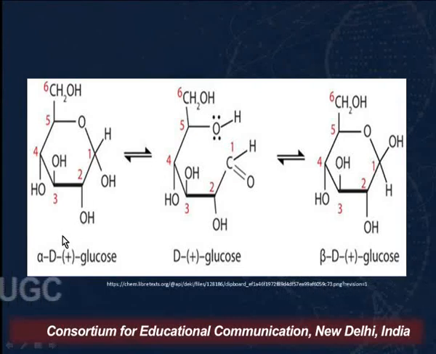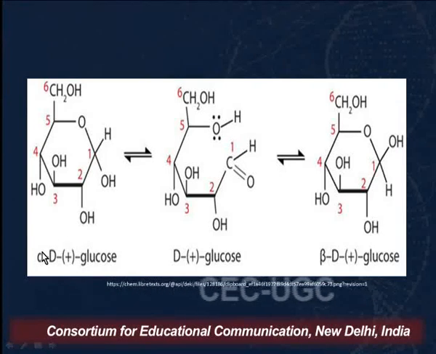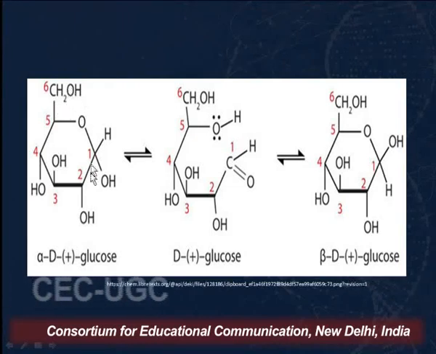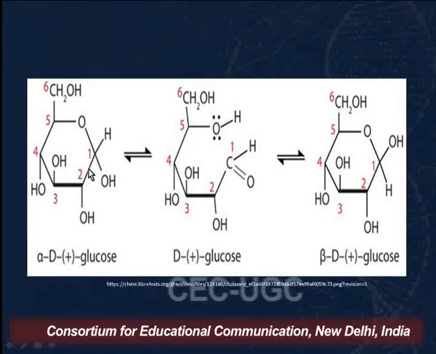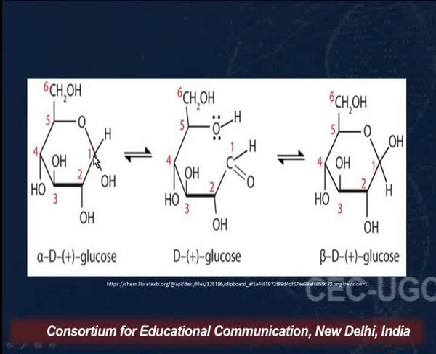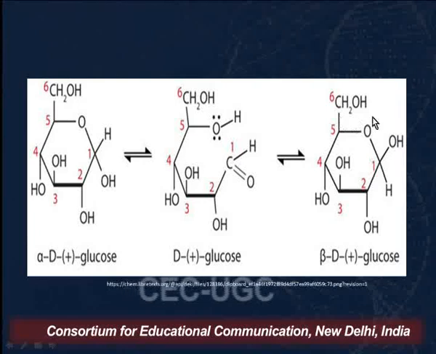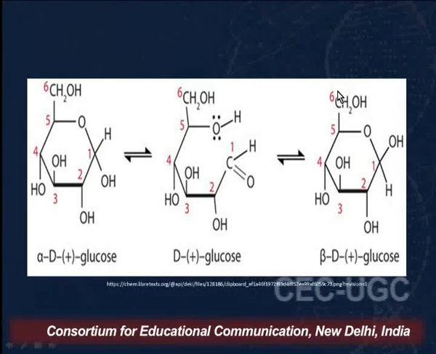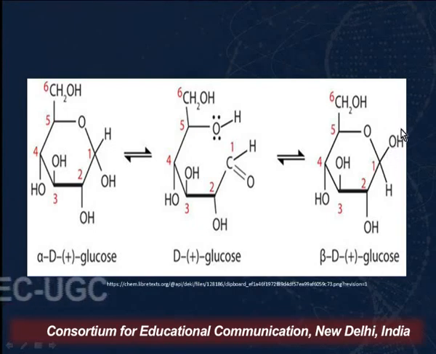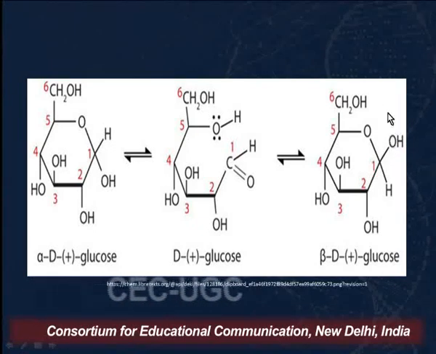If we look into the structure of alpha D glucose, here alpha indicates that the orientation of the primary hydroxyl group, that is the CH2OH group, and the OH group on the first carbon are trans to each other. Whereas beta indicates that this CH2OH group, the primary alcoholic group, and the OH group on the anomeric carbon are cis to each other.